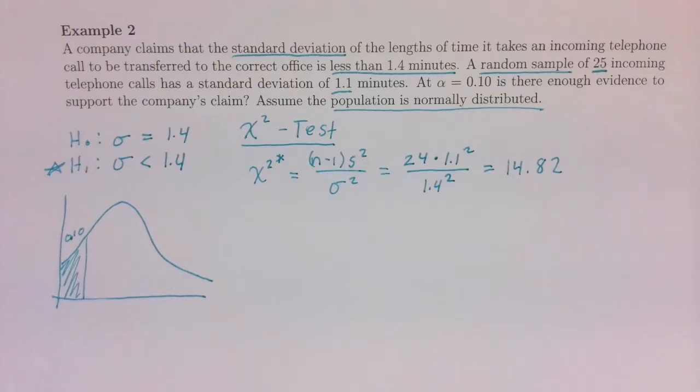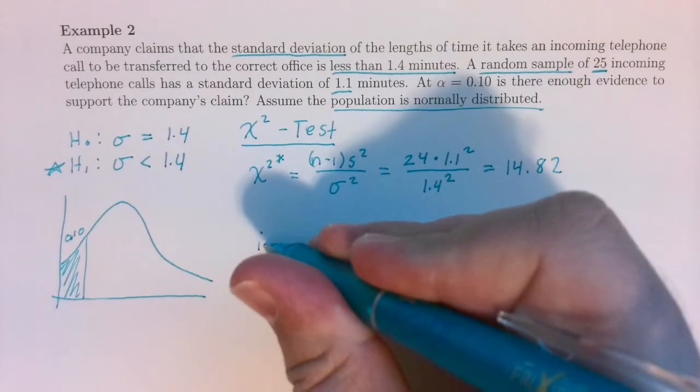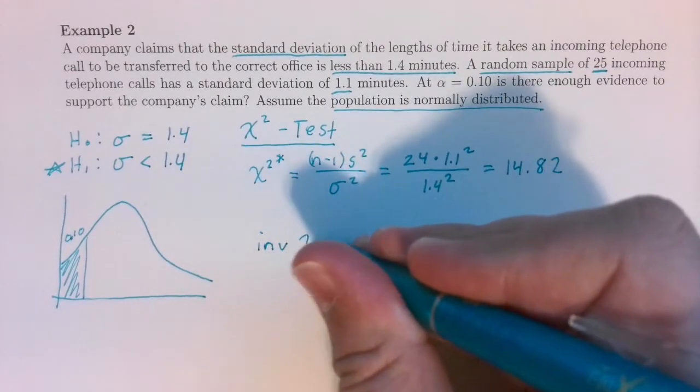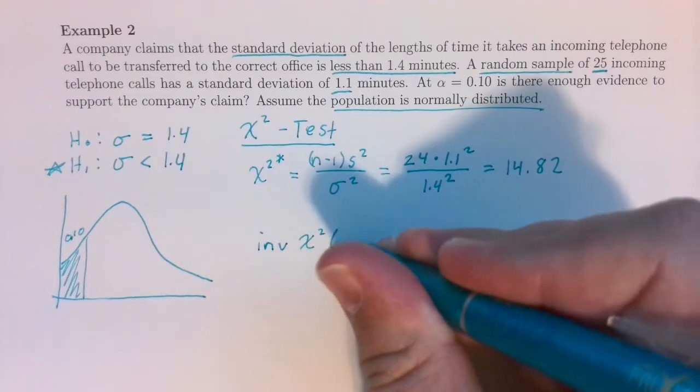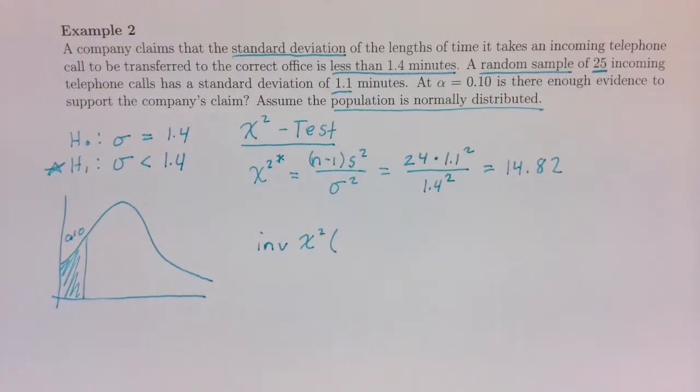Next, I'm going to calculate the critical value. The critical value is the cutoff associated with this area. In order to find a cutoff associated with an area, we have to use inverse chi-squared. Now when you do inverse chi-squared, you need the area to the left if you're on a TI calculator, but we need the area to the right if it's a Casio calculator.